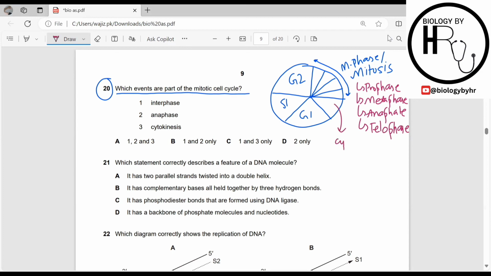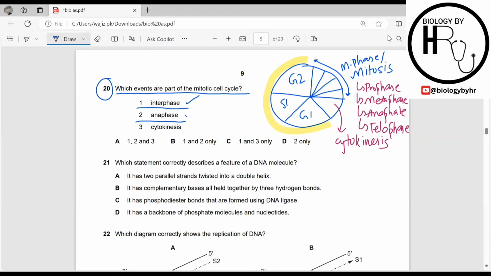Over here comes the cytokinesis. Now they are asking which events are part of the mitotic cell cycle. We know that interphase is a part of the mitotic cell cycle. What is interphase over here? From G1 to G2, we can say that it is interphase, a part of the mitotic cell cycle.